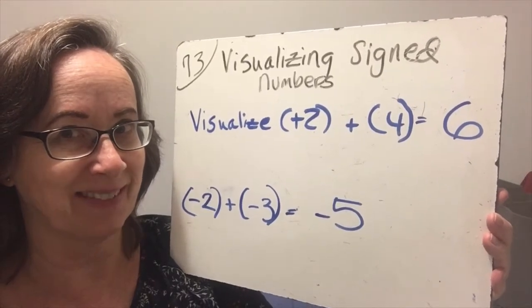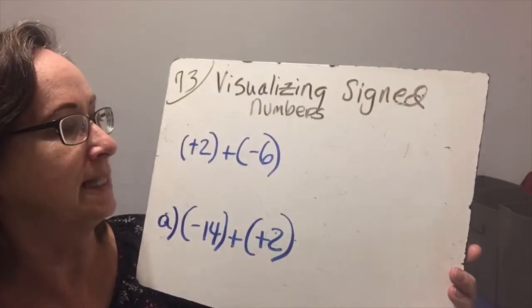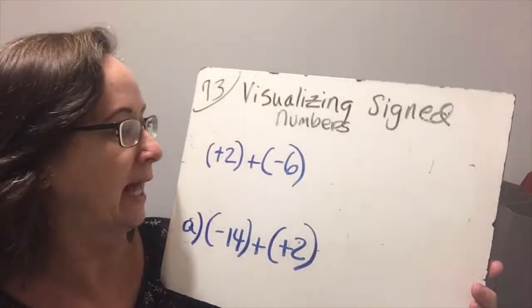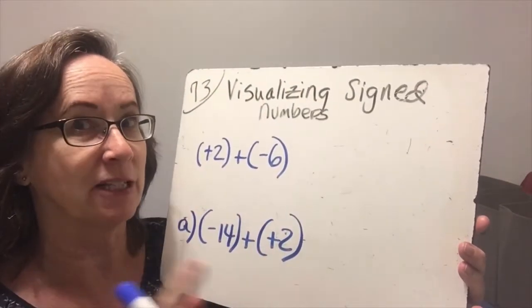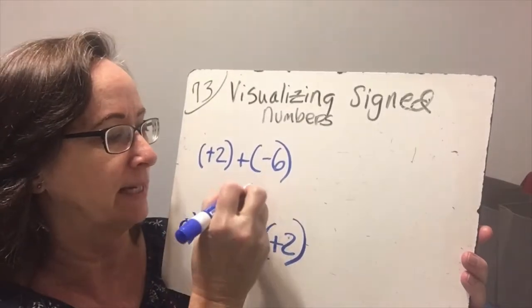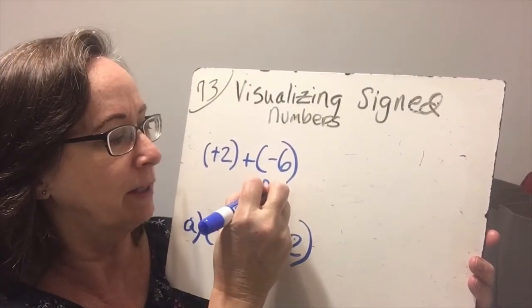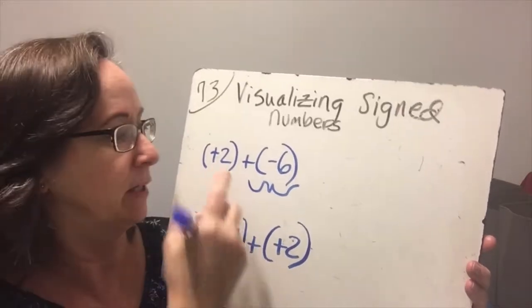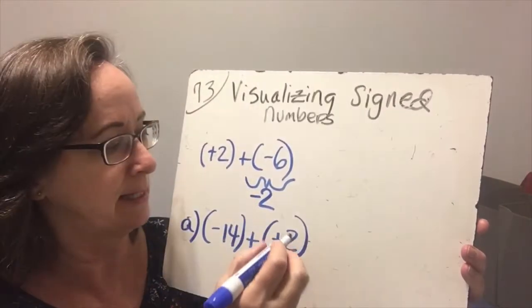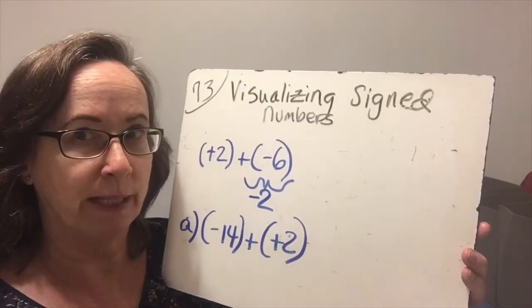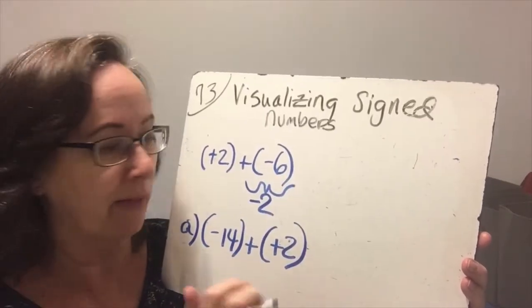If we use this method to help us visualize, then we have a +2 and a -6. We're going to take the number that's farther from 0, which is the -6, and break it up into a -2 to get the opposite of this number. And then how many more do we need to make a -6 altogether?